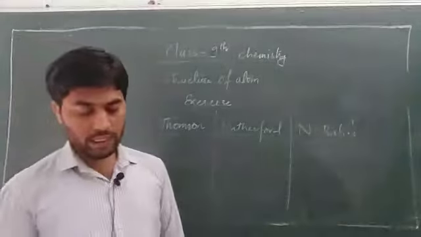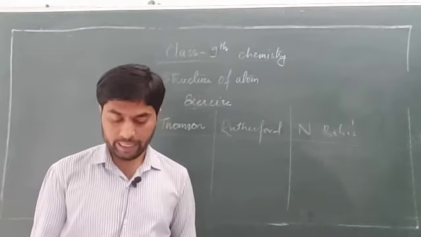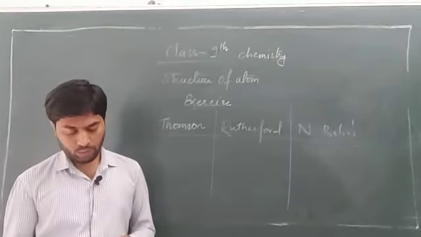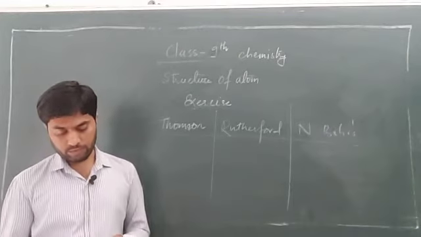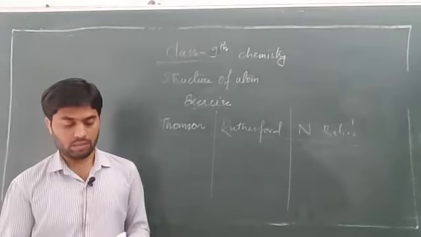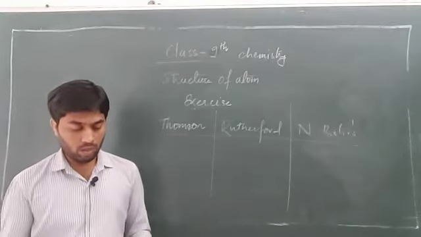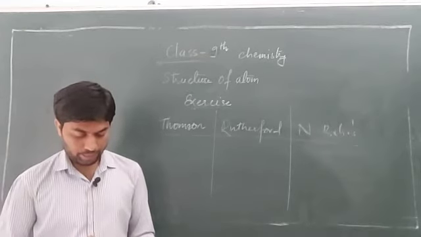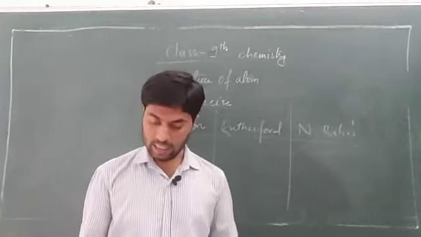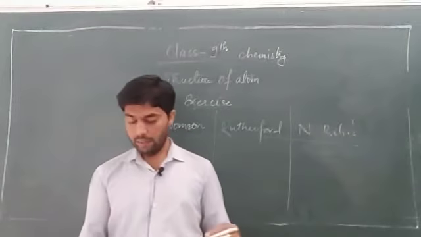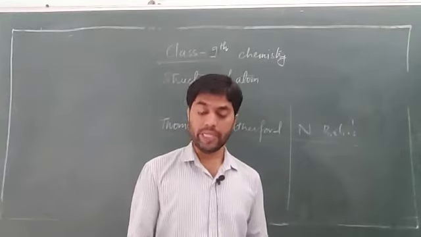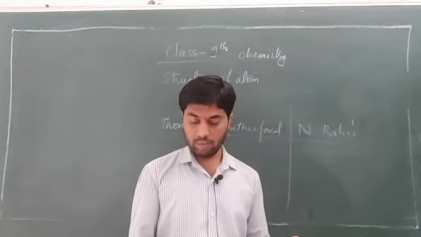Now, summarize the rules for writing the distribution of electrons in various shells for the first 18 elements. This is question number 6, and it is answered on page number 49, how electrons are distributed in different orbitals.